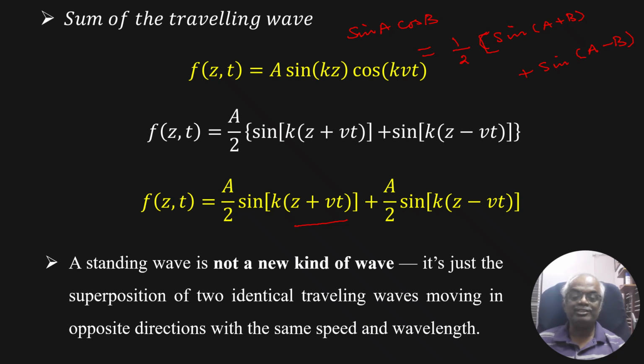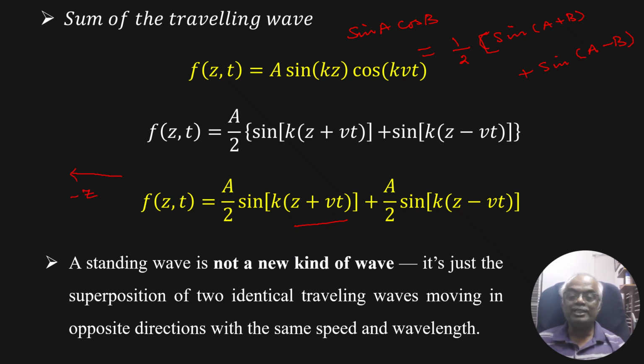The phase factor is a constant, so when t increases, z has to decrease, because k is a constant and the only variable is z. So naturally the first term moves to the left, the negative z-axis in this case.